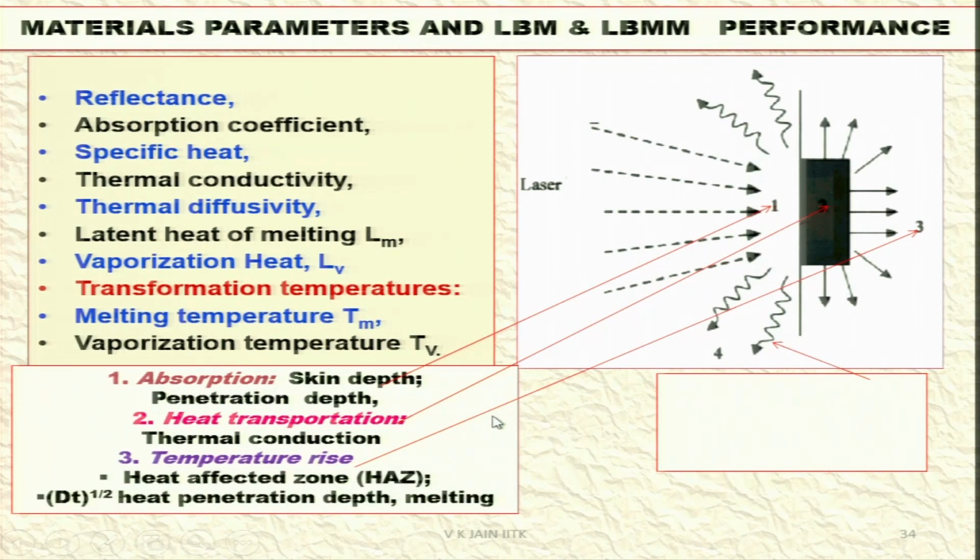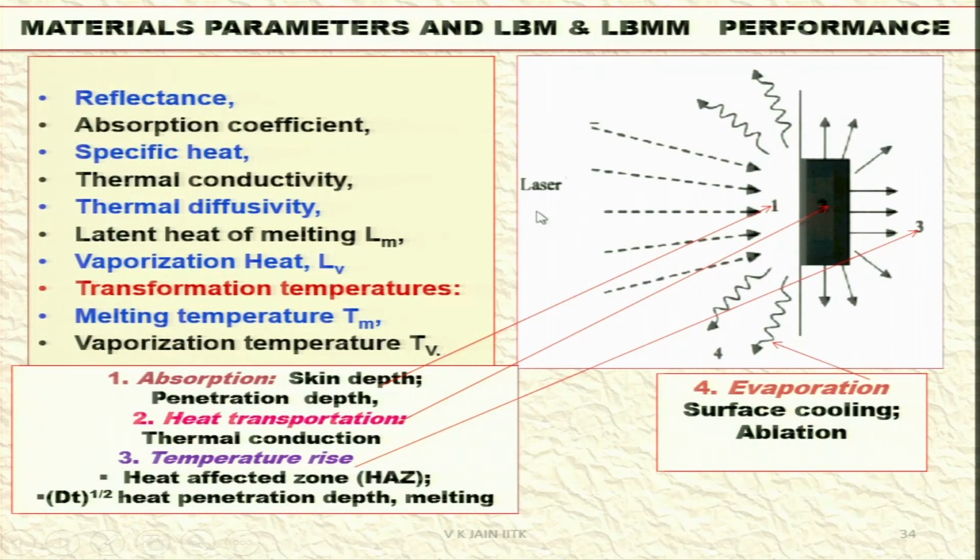Then you have the temperature rise all around, and heat affected zone is produced, that we have already seen, and dt raised to power half, heat penetration depth, melting, etc. So you can see various phenomena taking place, and then evaporation of the material can take place depending upon the material characteristics, and surface cooling, ablation takes place. This way we can see that material properties have significant effect on the performance of laser beam micromachining as well as laser beam macromachining.